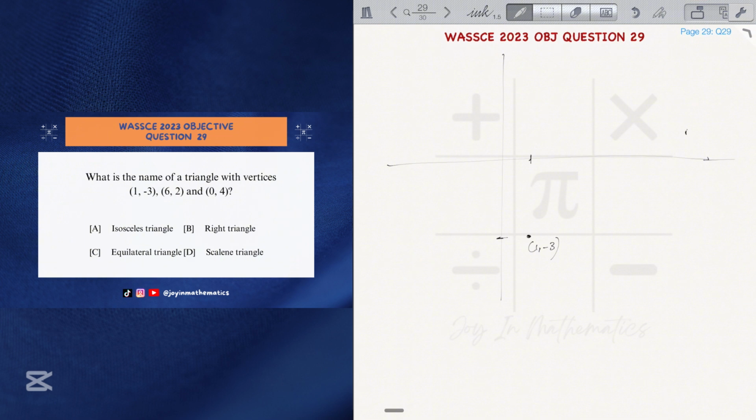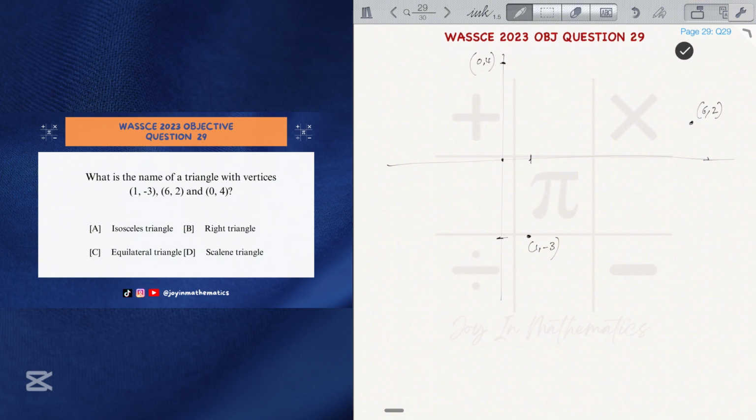So it should be around here. And finally (0, 4), 0 on the x-axis and 4 on the y-axis. So we should have it here.